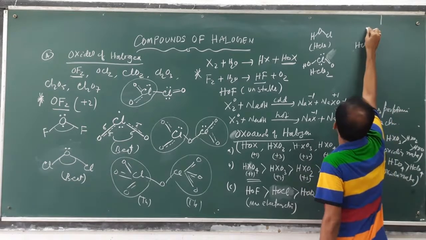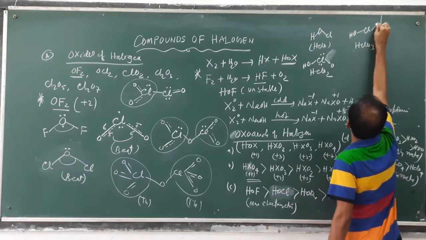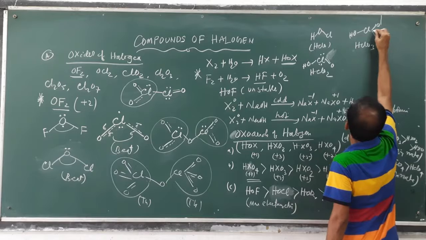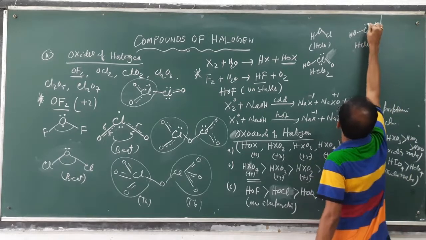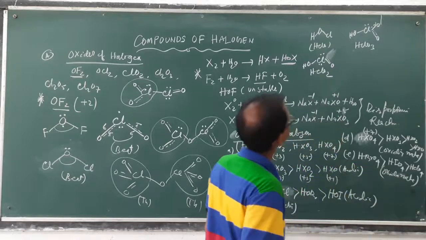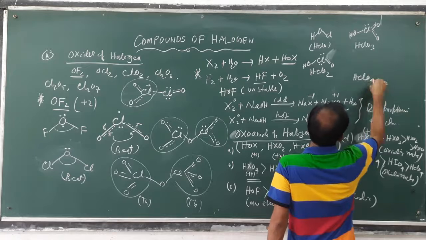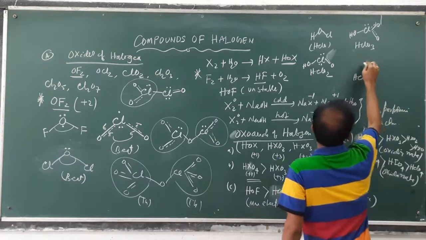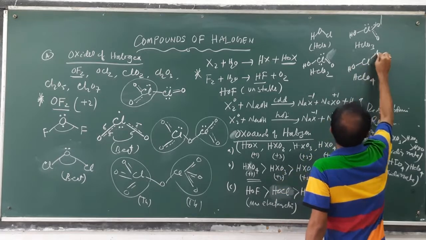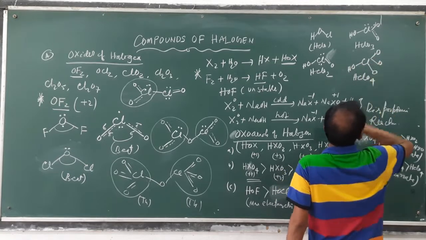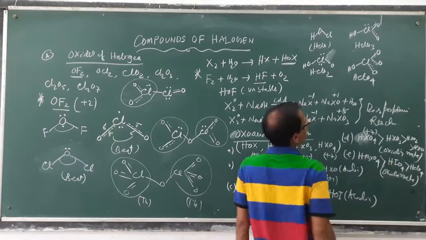HClO3. HClO4 will be Cl having no lone pair.